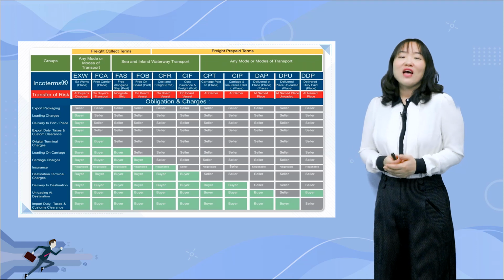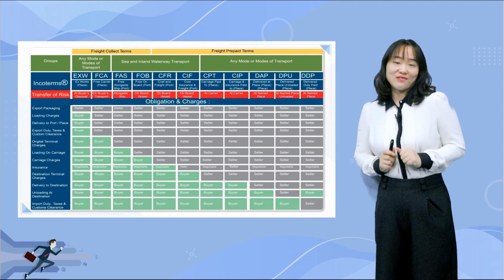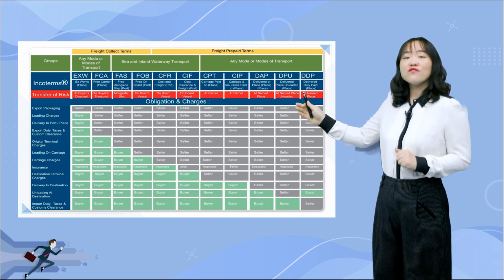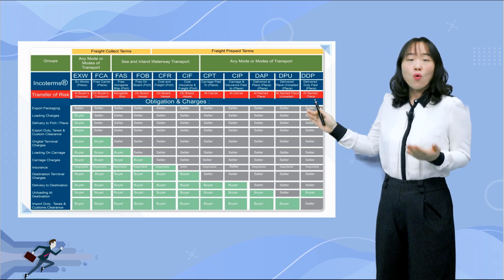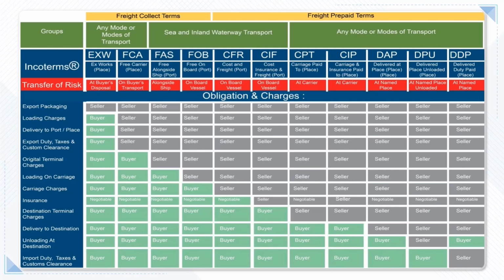Now, you have had a brief guide to what each Incoterm entails. From this infographic, we could recall what we've got about Incoterms 2020. There are 4 freight collect terms: EXW, FCA, FAS, FOB, and 7 freight prepaid terms: CFR, CIF, CPT, CIP, DAP, DPU, DDP.